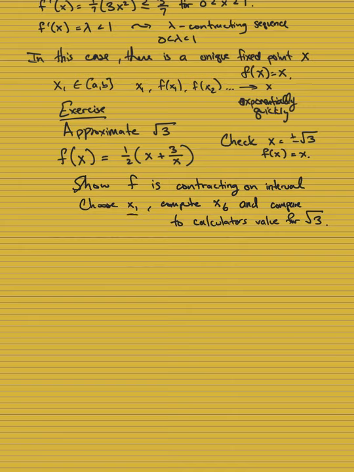And of course, you should choose an x1 which is reasonably close. If you choose x1 to be a trillion, it will take longer. But if you know the square root of 3 is between 1 and 2, then that should give you a good hint as to what you should first check. Okay, so I'll stop there. Thank you.